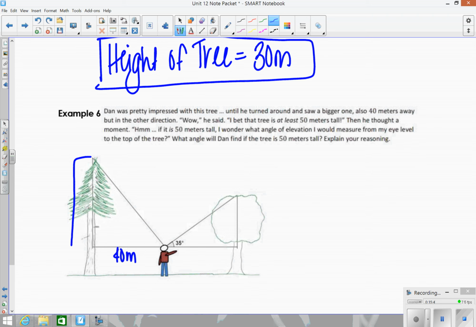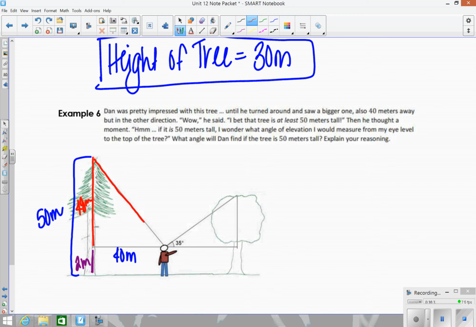So he's saying this whole tree is 50 meters. And remember, this is the same guy, so that tells me that this distance is going to be 2 meters, just like the other problem, because the guy's still going to be the same height. And when I'm looking at this side length, it's going to have to be 48 meters to add up to 50.